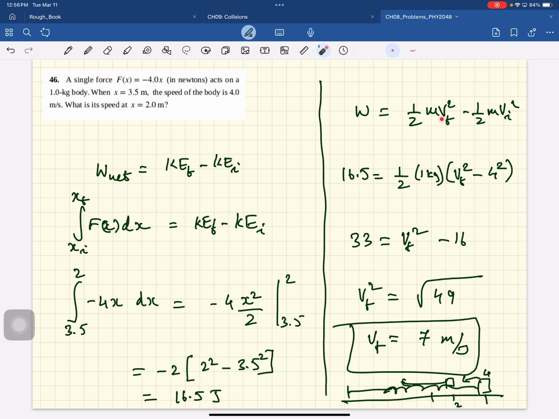Final would be smaller. No, it will matter. So this is the initial point and that's the final point. This is the initial point and that's final point. So if you switch the limit and then made it negative, this will become negative. The work is negative. This becomes smaller.